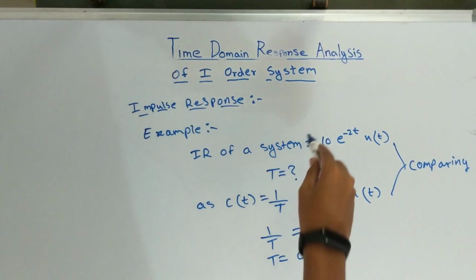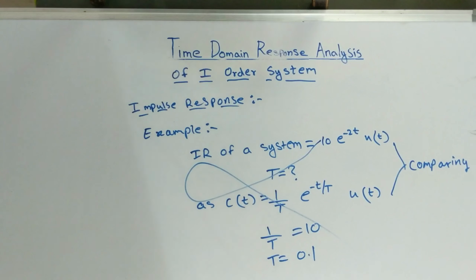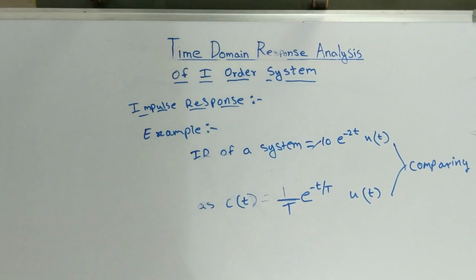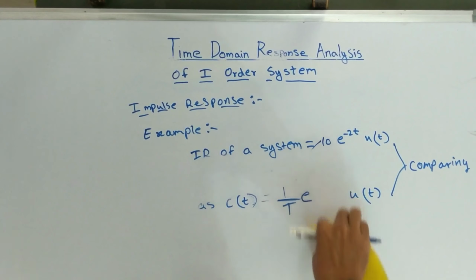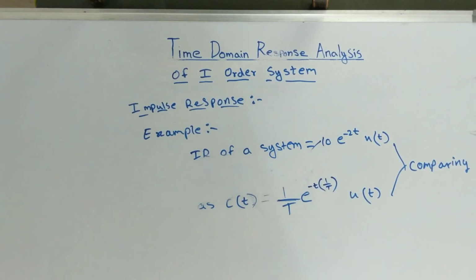This is completely wrong. Here IR is equal to 10 into e^(-2t) u(t), while c(t) is 1 upon T e^(-t/T) u(t). So 1 upon T is equal to 2 here.